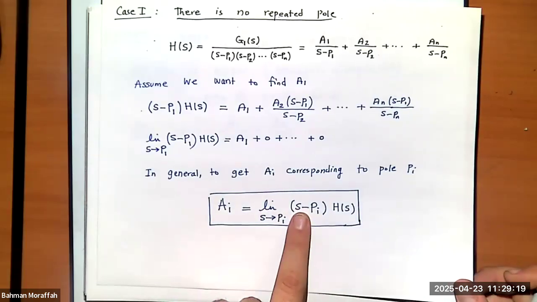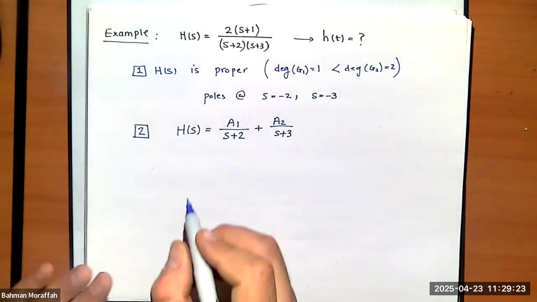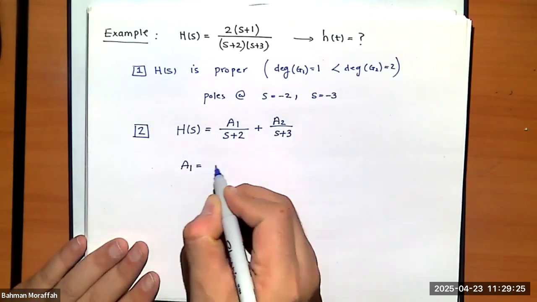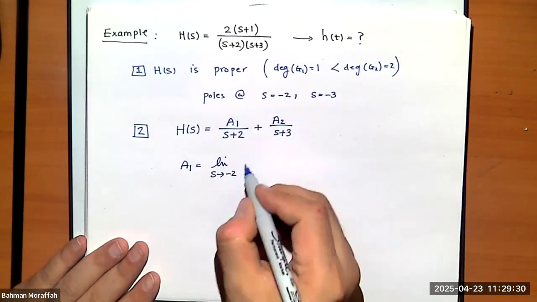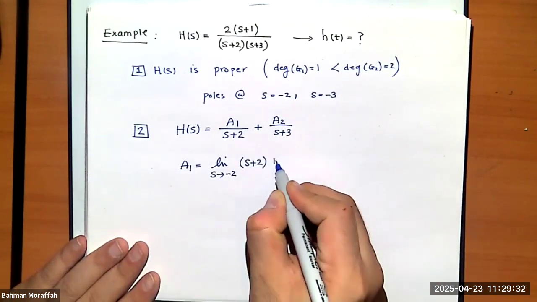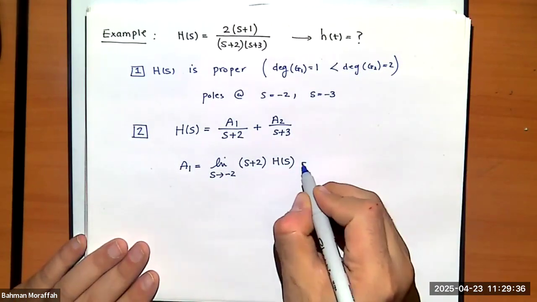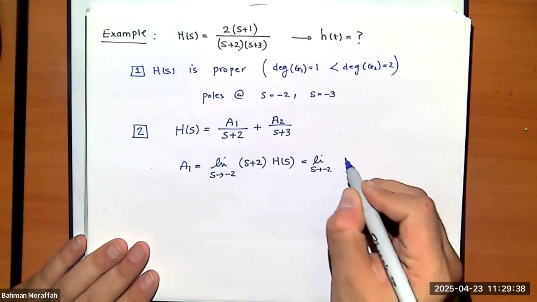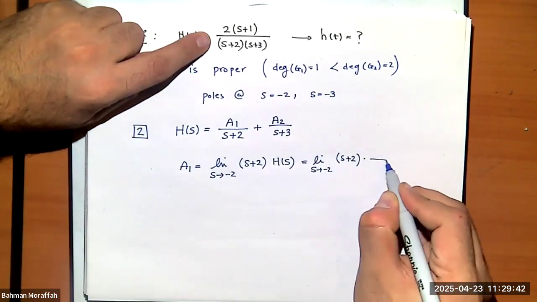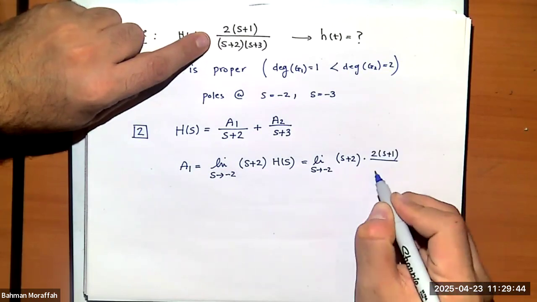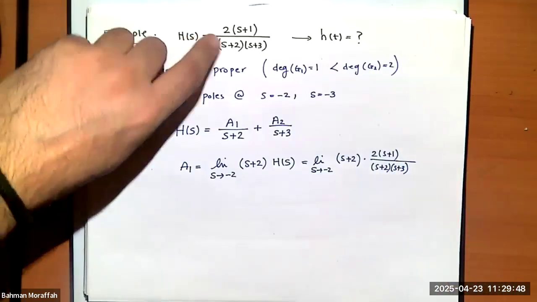Take the limit as S goes to this pole, -2, of S plus 2 times H of S, which is S plus 2 times 2S plus 1 divided by S plus 2 times S plus 3.